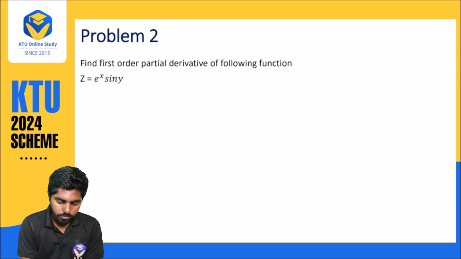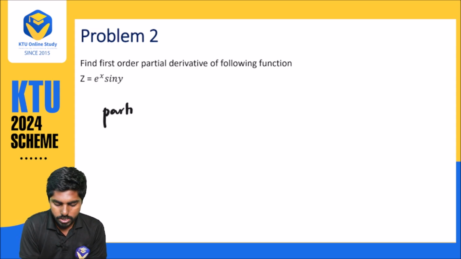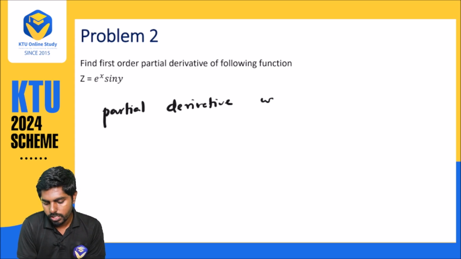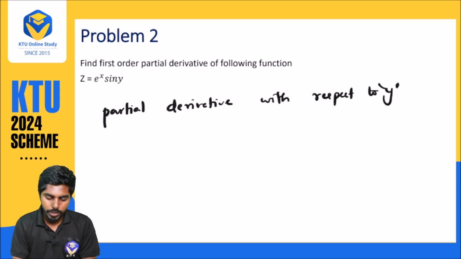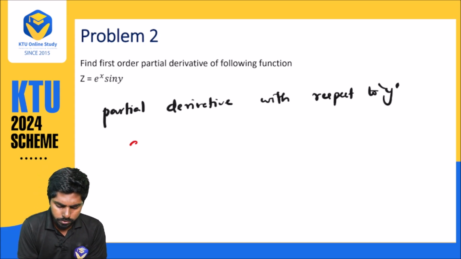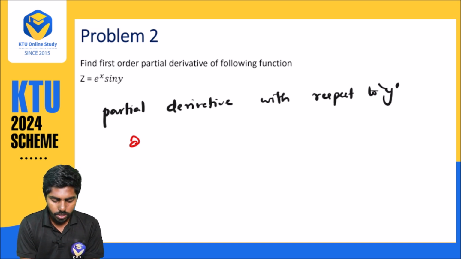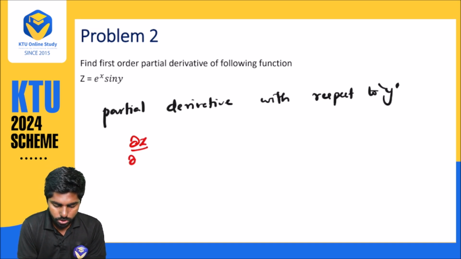Now partial derivative with respect to y. When we are taking it with respect to y, dou z by dou y is equal to, we will be getting e power of x as a constant.